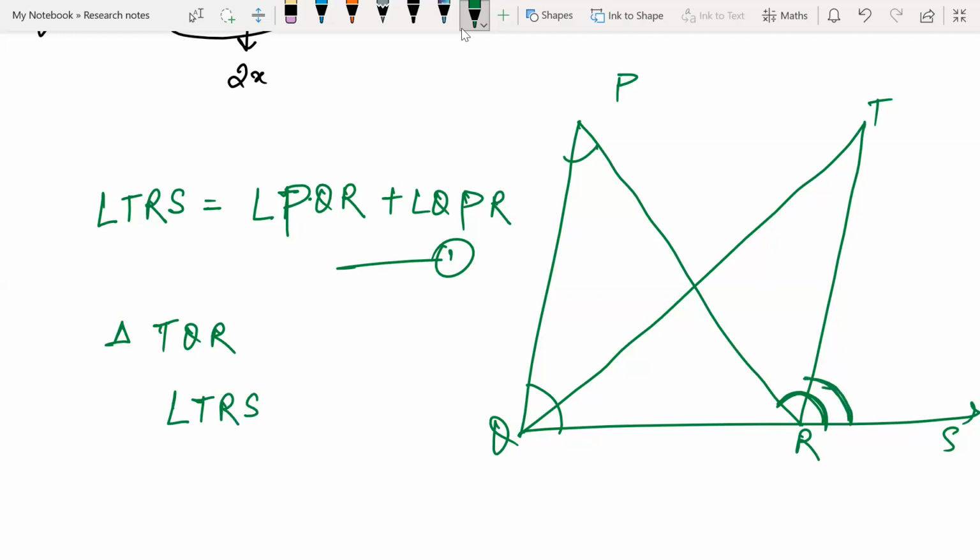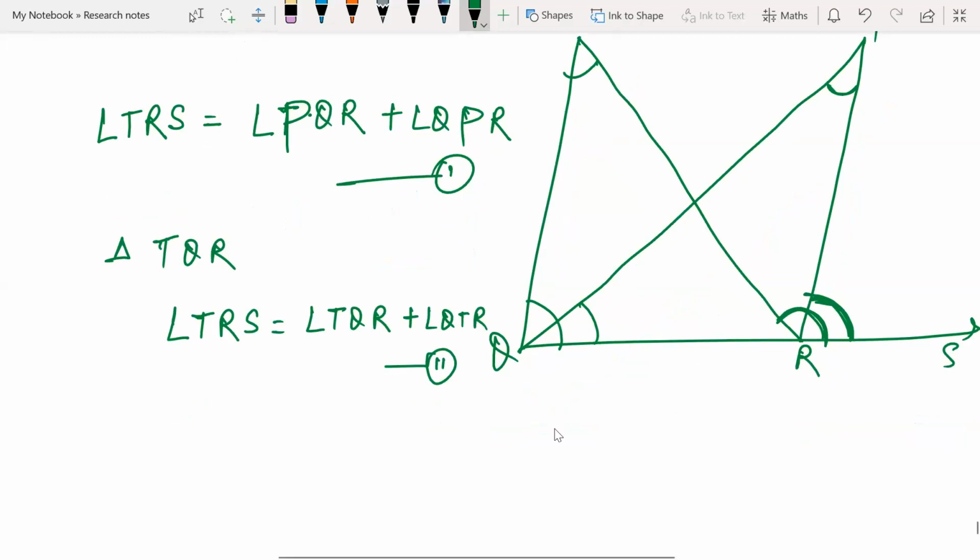This angle is equal to this one plus this one. Right? Yes, ma'am. Here, without x and y, we are writing the same things as here, whatever we were writing previously.